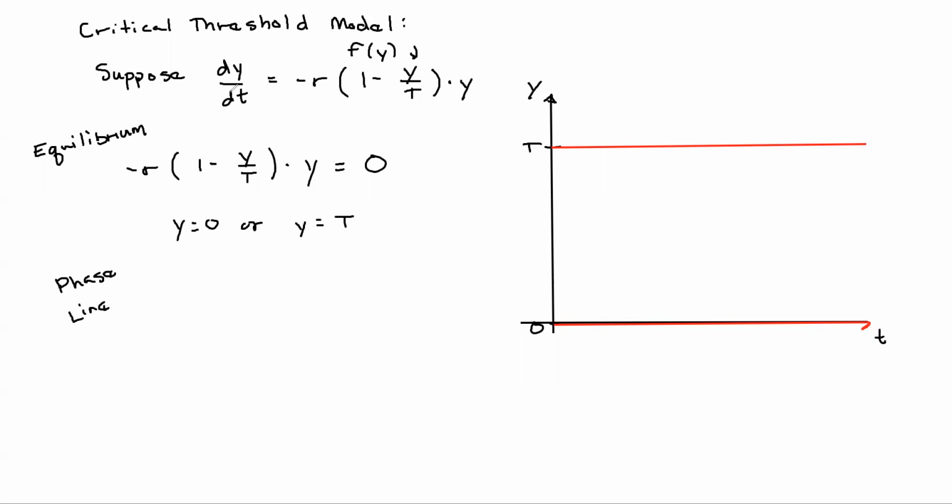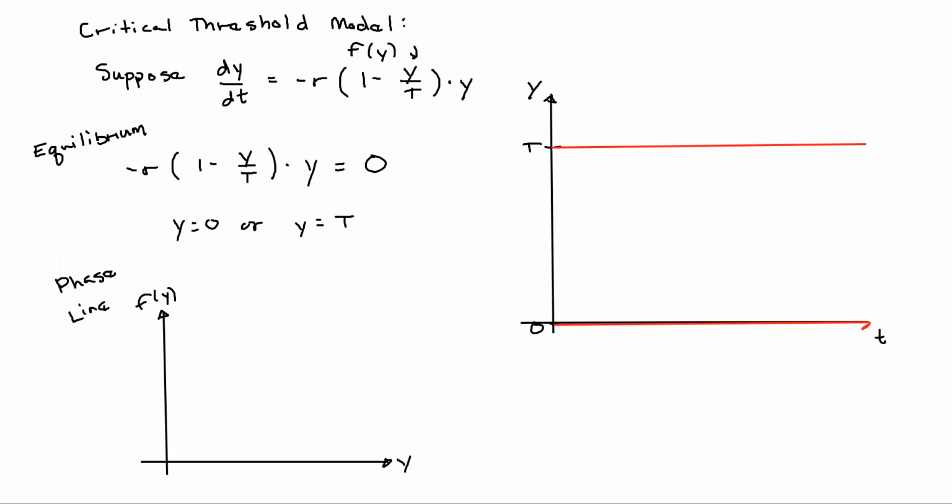And since dy dt is slopes, this is going to tell us information about the slopes. So you can go through and draw a little picture here, and we're going to have f of y on this axis. We're going to have y on this axis.